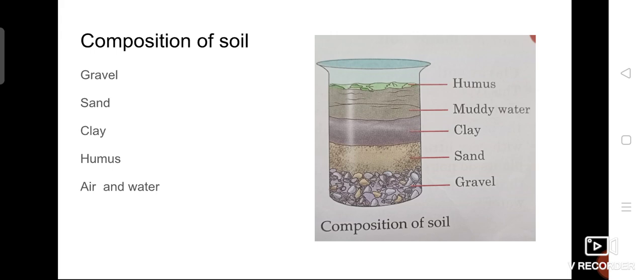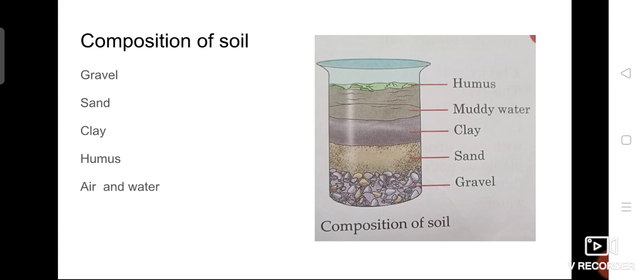Once again, look at the picture. The bottom layer of soil is made up of small stones, that is called gravel. Gravel is nothing but very small stones, pebbles.